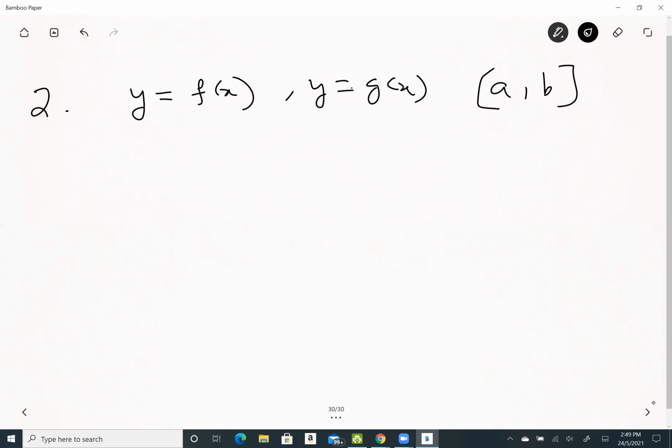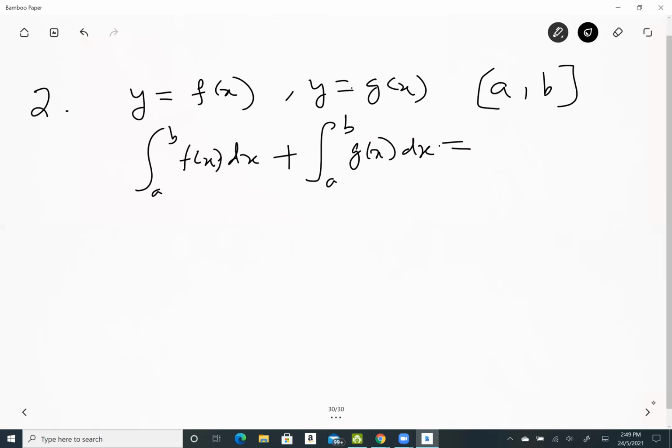So we have the following. The integral from A to B of f of x dx plus the integral from A to B of g of x dx is simply equal to the integral of the sum.